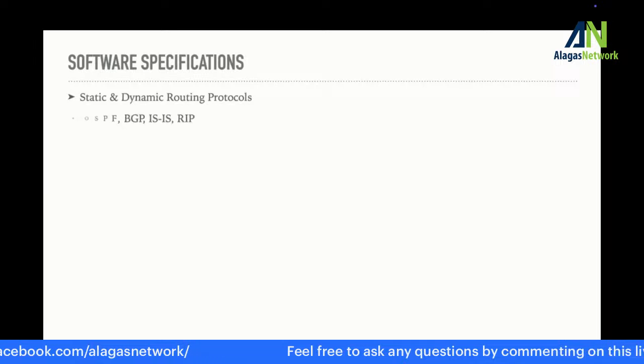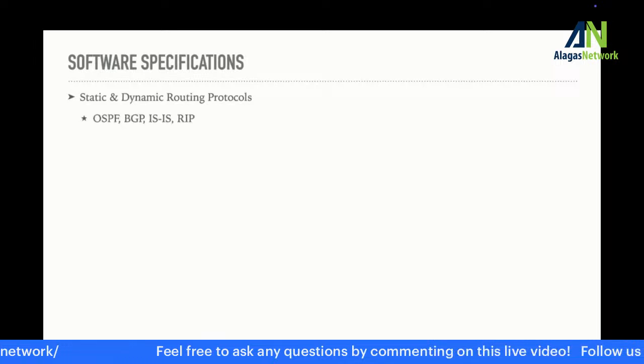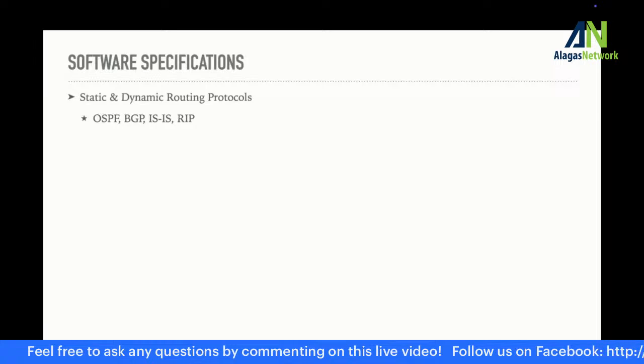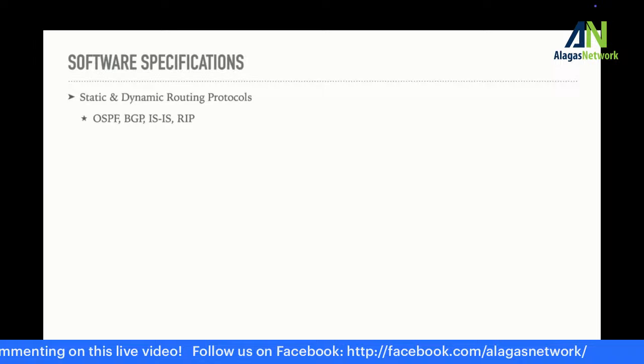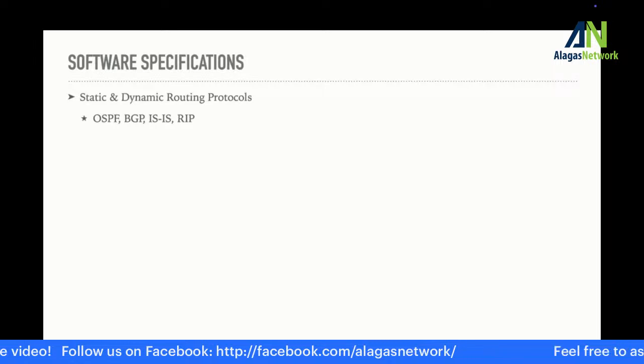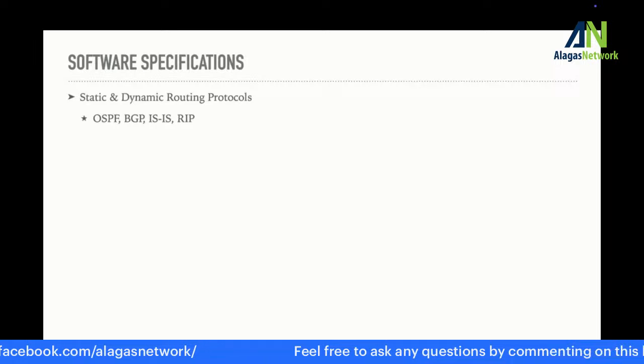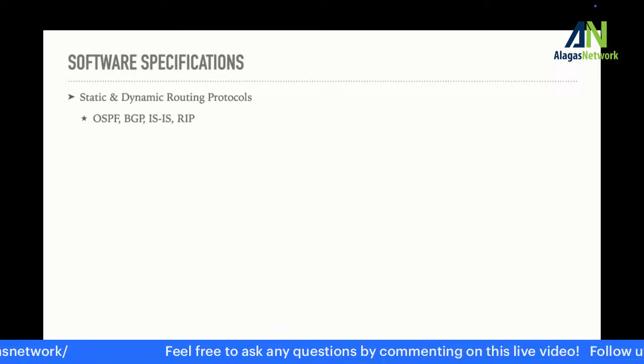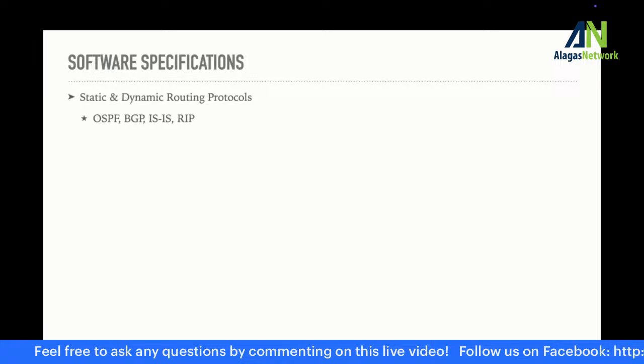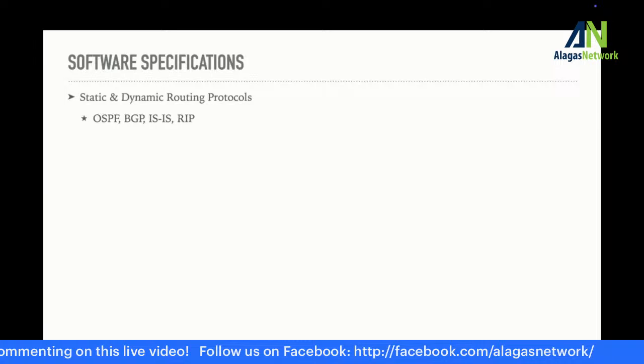RouterOS supports OSPF, including OSPF version 3 for IPv4 and IPv6. It also has BGP, and IS-IS is the latest addition to the dynamic routing protocols inside RouterOS, and I think it only exists in RouterOS 7.